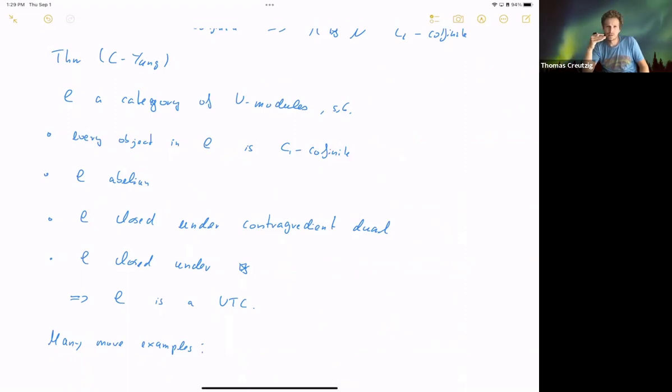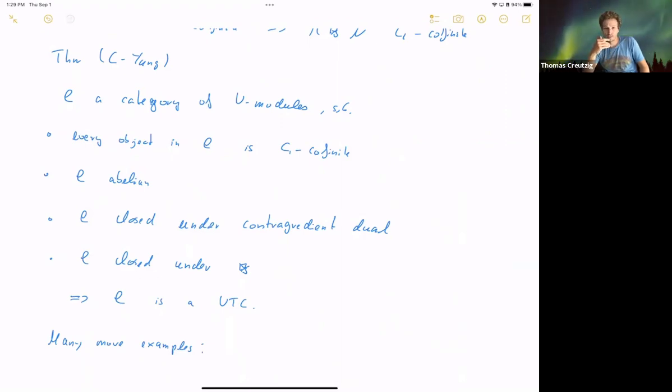So we had here the category of ordinary modules of an affine vertex algebra, which is always C1 cofinite. And of course the contragredient dual of an ordinary module has the same conformal weight decomposition, so it is ordinary as well. So closure under contragredient dual is no problem. Closure under tensor product is guaranteed by Miyamoto, so also no problem.